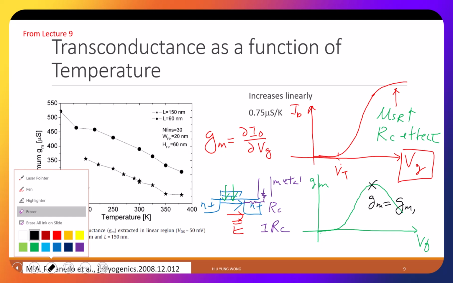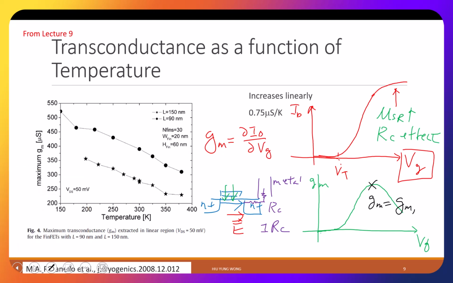It's not negative. I did not give you negative. This is 0, right? Okay, good, but good point. You will see negative GM. I thought I showed you negative GM before already for SOI or a bulk transistor.